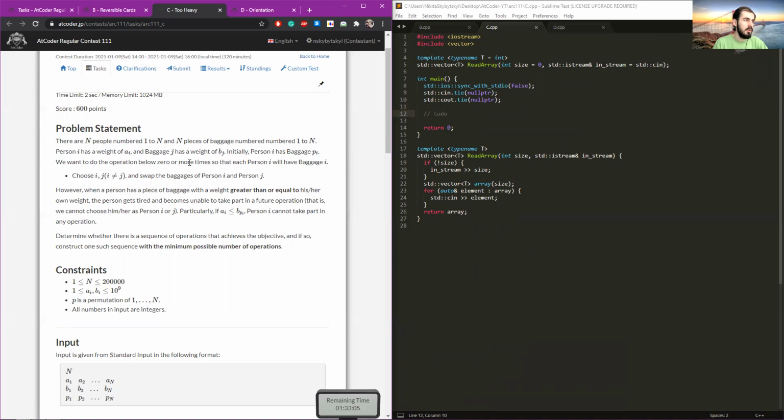Do the operation below 0 or more times. How many swaps?